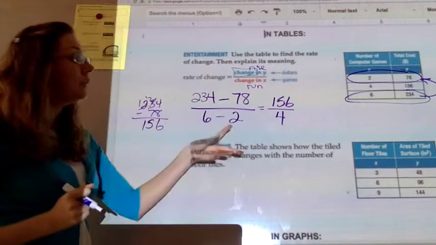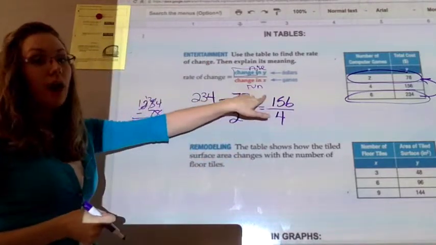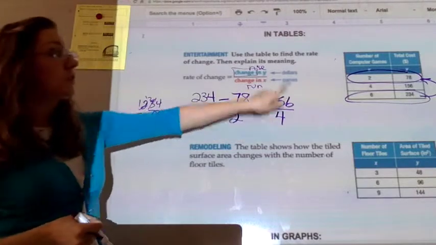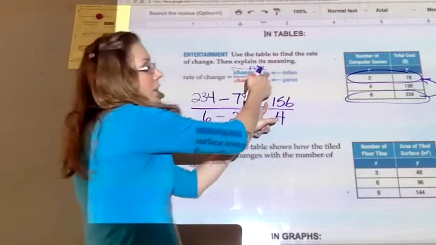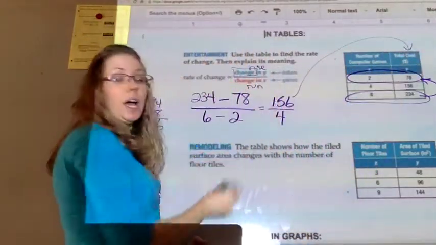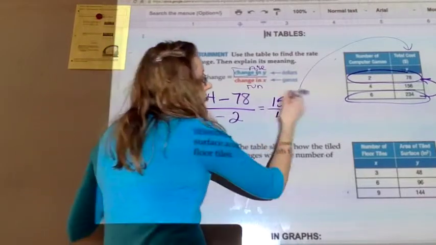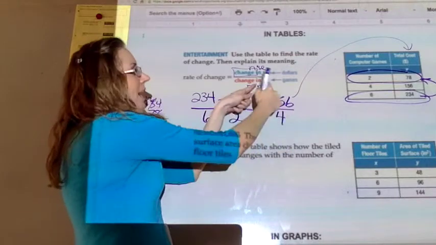Okay? Now at this point I have a couple options. I could keep this rate of change as a fraction of rise over run. And I can even explain what this means. So 156 goes with my y. My y is my cost. So this isn't just 156. This is $156. Now the 4 goes with my x's, right?